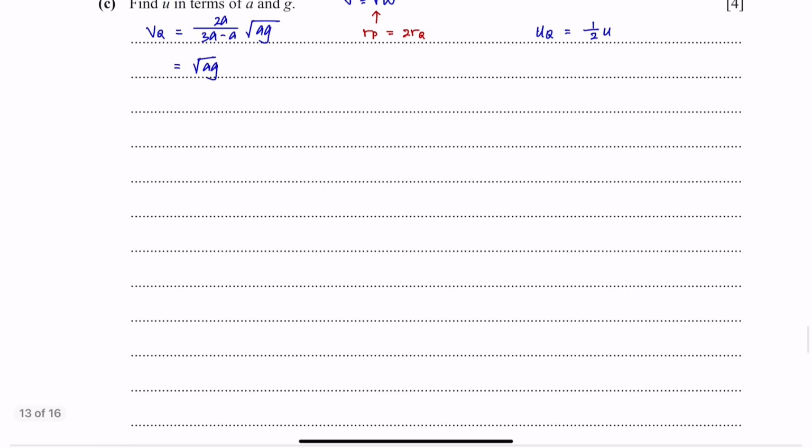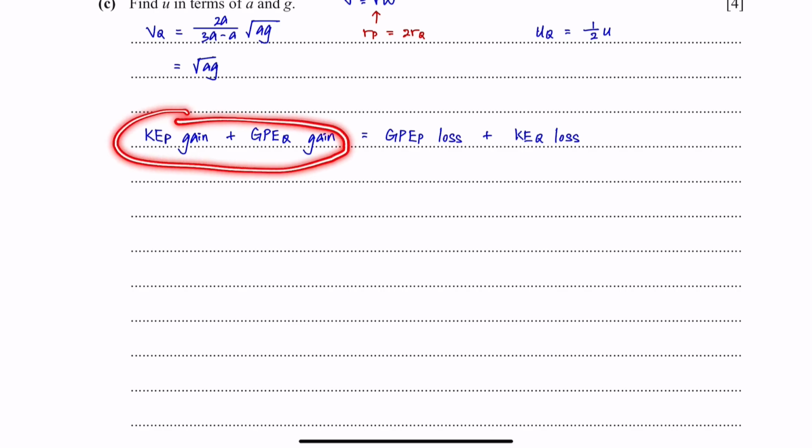So we can write here: the kinetic energy of P gain plus the gravitational potential energy of Q gain is equal to the gravitational potential energy of P lost plus the kinetic energy of Q lost. The total energy is always equal, so the energy gain should be equal to energy loss.